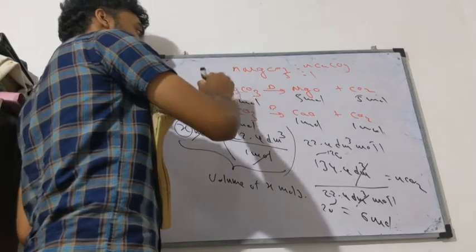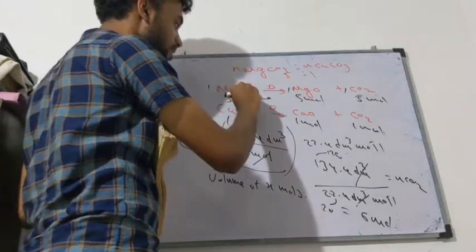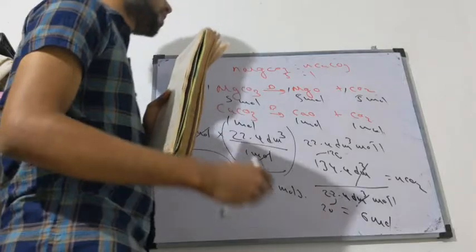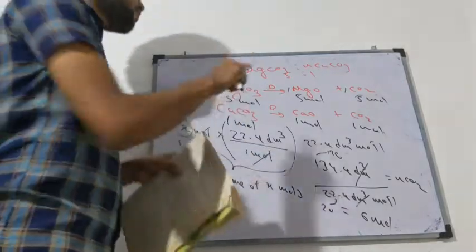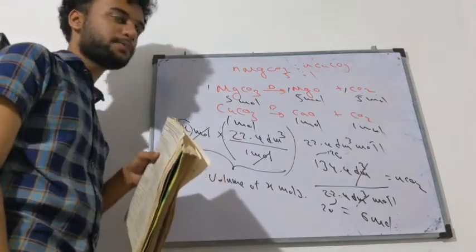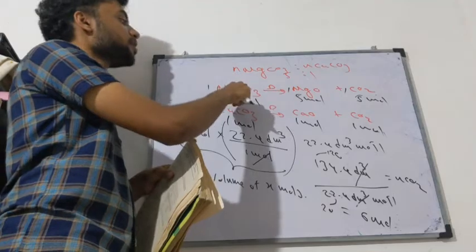Because the stoichiometry is 1:1:1 here, moles of magnesium carbonate should be equal to moles of magnesium oxide as well as carbon dioxide. I hope it's clear. I have 5 moles of magnesium carbonate. Then what's the mass of magnesium carbonate? Do it mentally. Magnesium means 24. Carbon means 12.